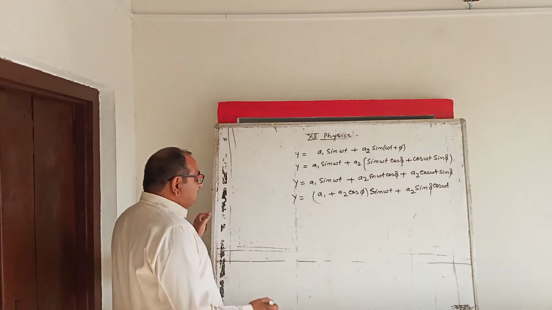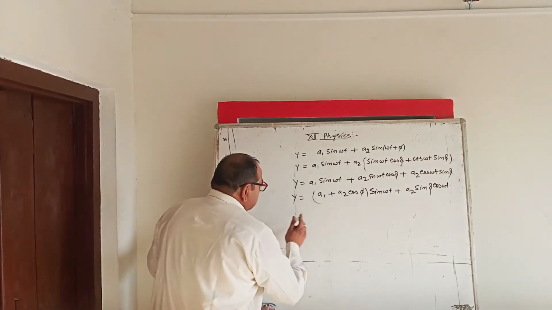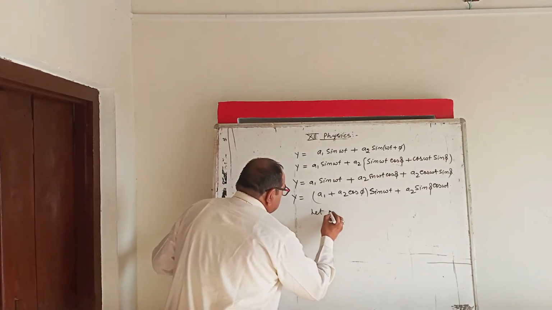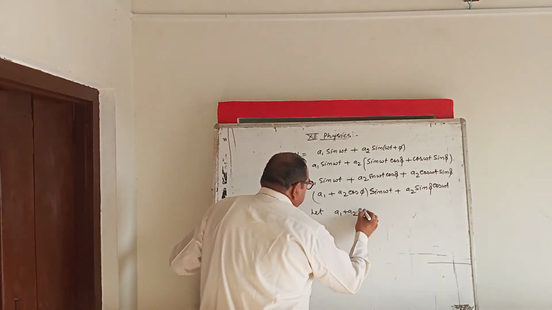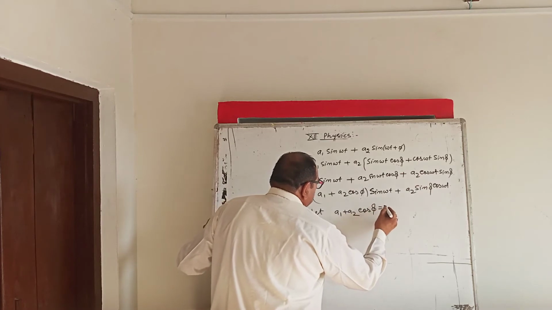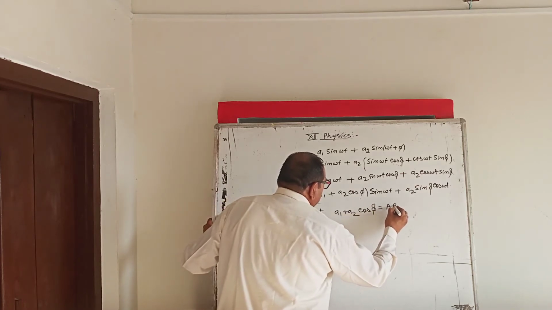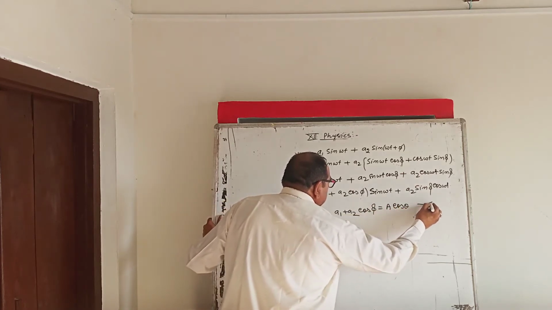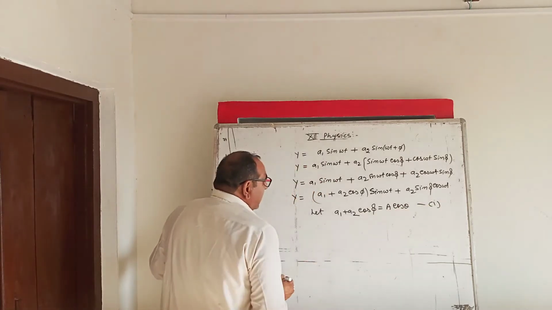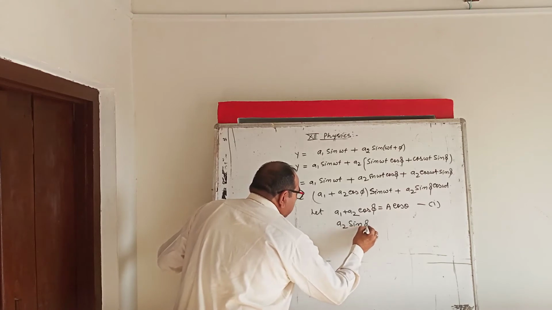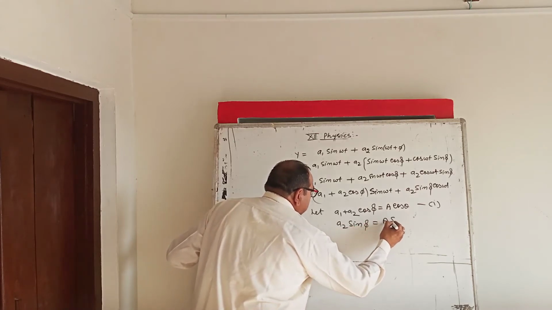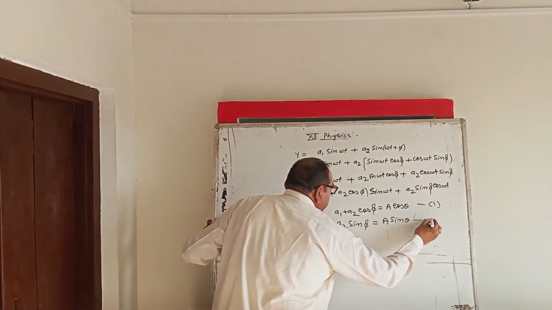Now I suppose let a1 plus a2 cos phi equal to A cos theta, equation number 1, and a2 sine phi equal to A sine theta, equation number 2.